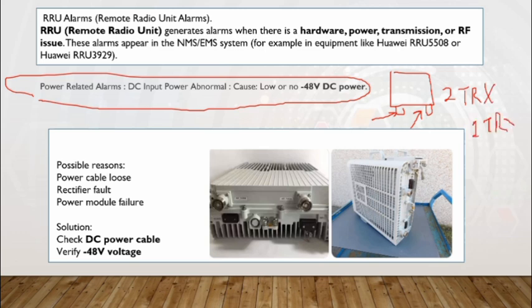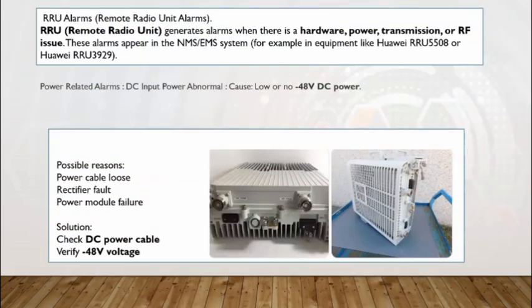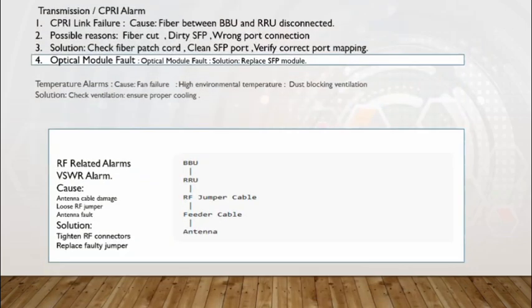As you have seen, these are microcells, small sites and microsites. 1T1R means it transmits one transmit channel and one receive channel, and 1T1R is usually used for small capacity sites.